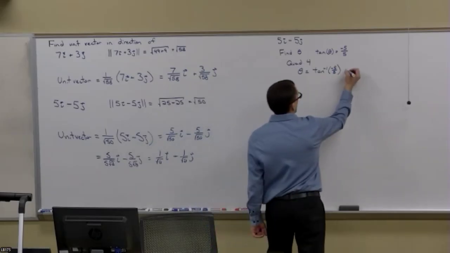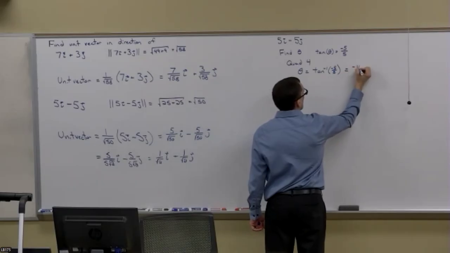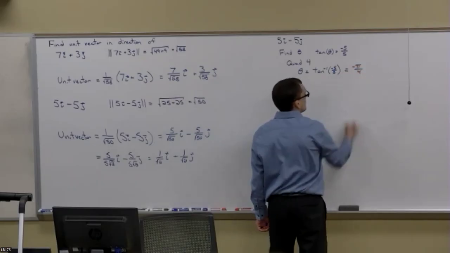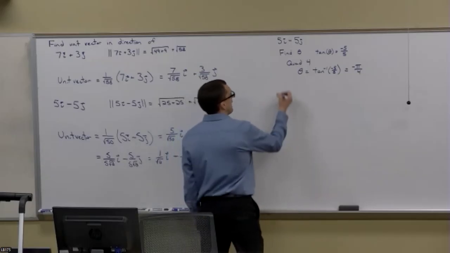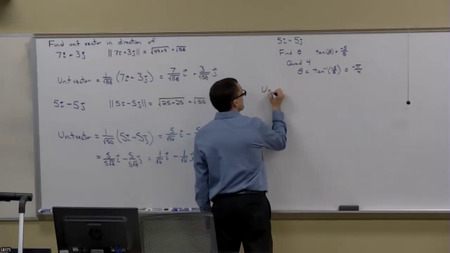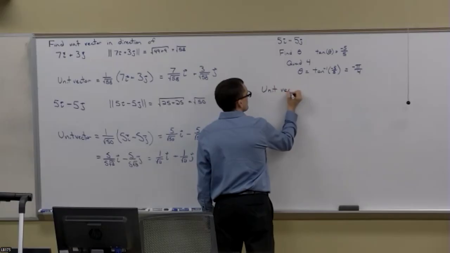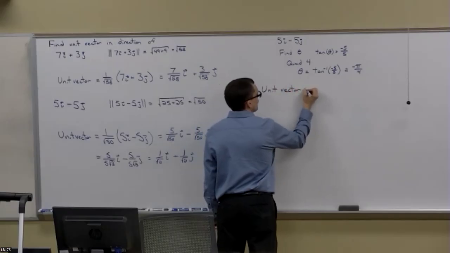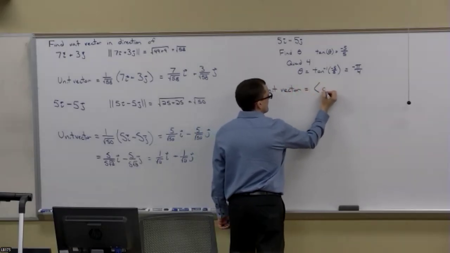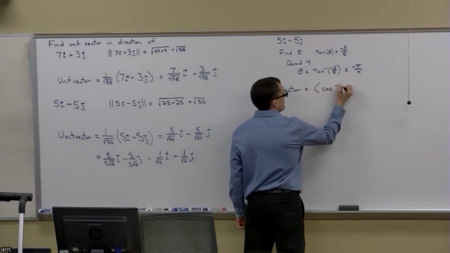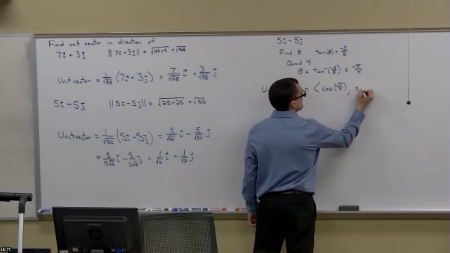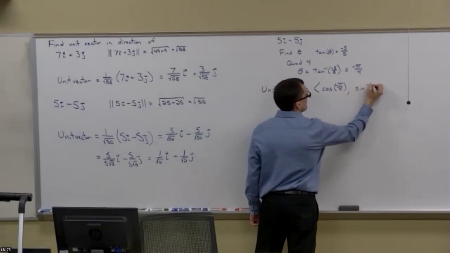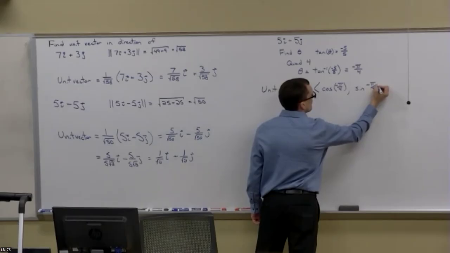So I'm just going to write this as negative pi over 4, so that we're really precise. And then the unit vector, I could have found by just taking the cosine of negative pi over 4, comma, the sine of negative pi over 4.